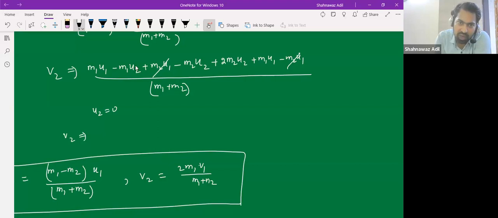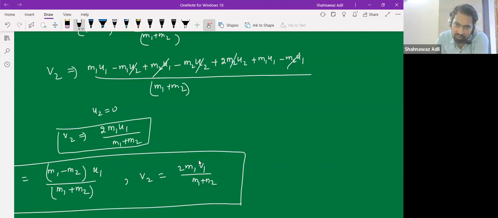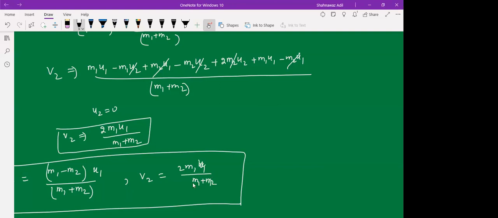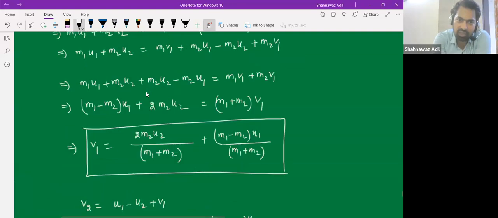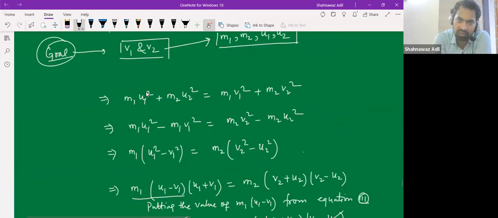This part is 0, this part is 0, this part is 0. So 2 M1 U1 by M1 plus M2. This is what you get. So what you can do is solve up to this point and take U2 as 0. Then you will get what is written in the book, right?